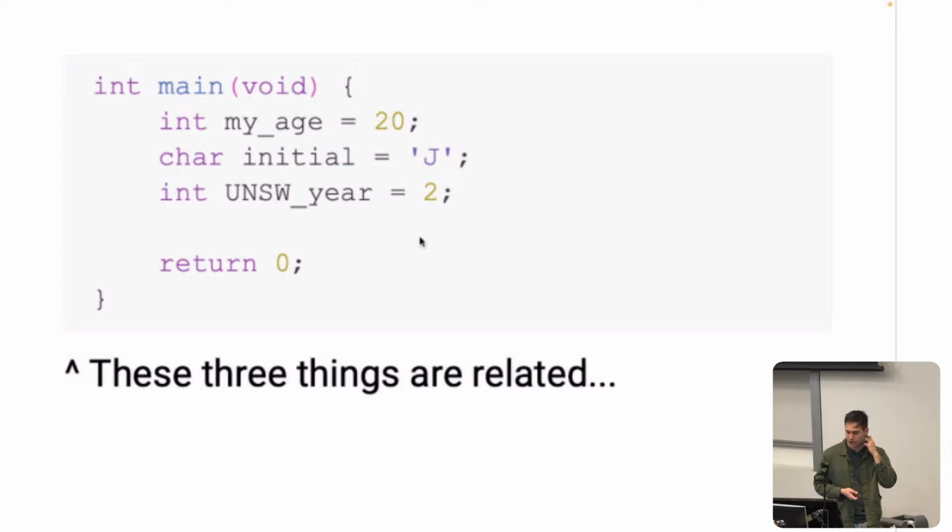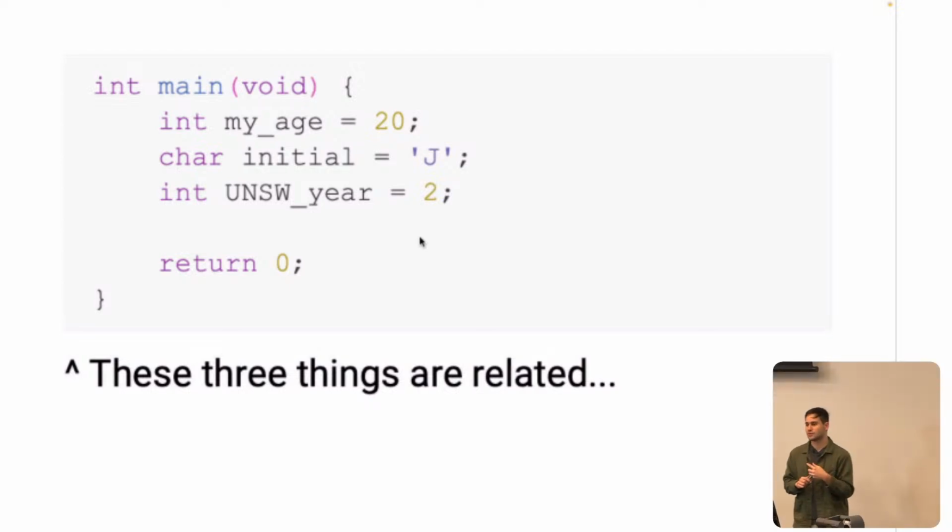So here's a little program with 3 variables, an int, a char, and another int. But these are all related. What do we mean by related? They fall in the same category.